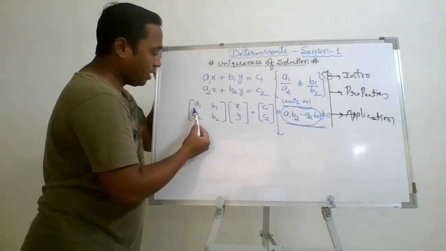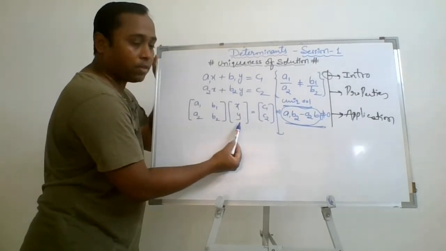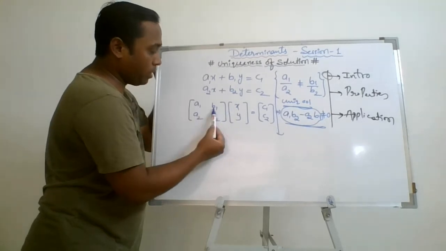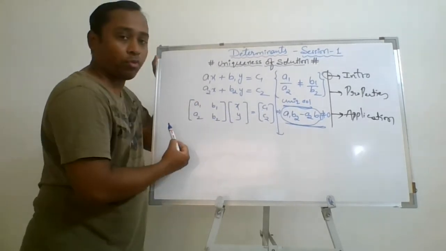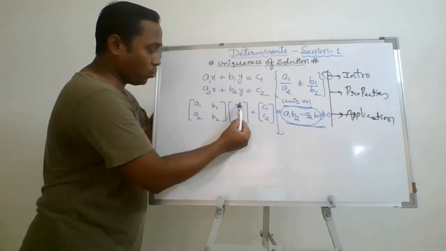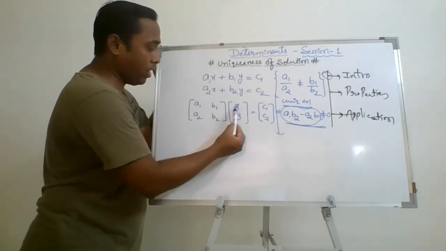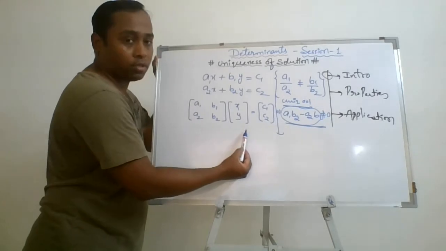Let's try. The first row multiplied by the first column gives a1x plus b1y, which is equal to c1. So you will get the first equation. Similarly, the second row, first column, a2x plus b2y, which is equal to c2.